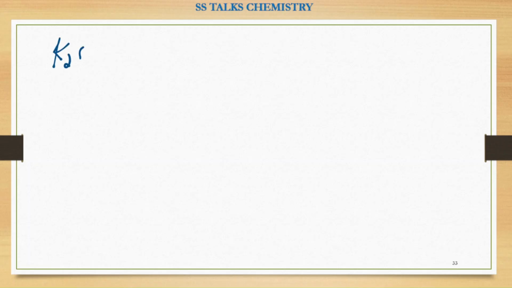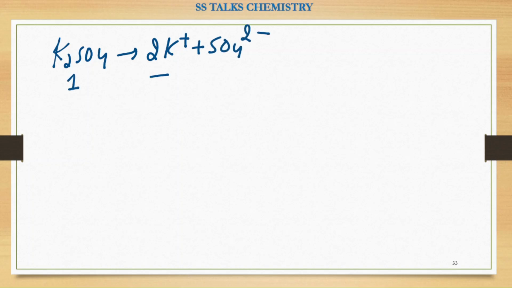K2SO4 is going to dissociate to give 2K positive plus SO4 2 negative. Initially 1 mole, nothing is formed. Here alpha is the degree of dissociation, the coefficient is 1, so alpha will be there. For 2K positive, 2 alpha will be formed. Here alpha will be formed.